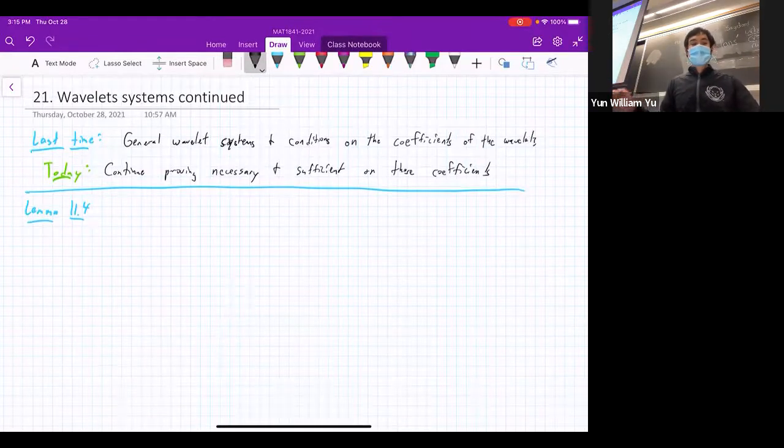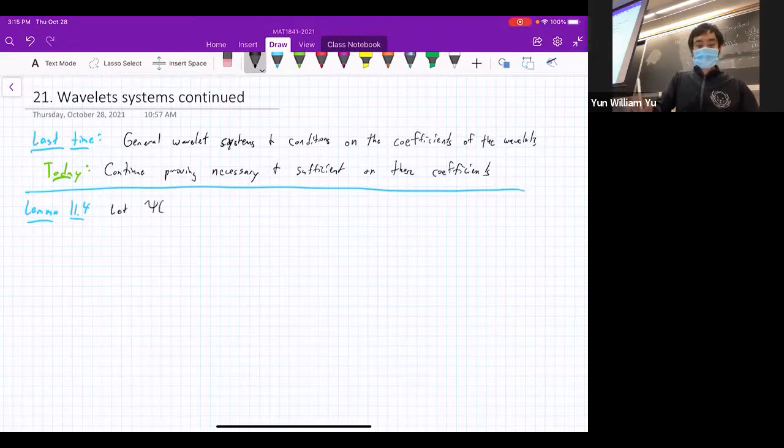Okay, so we showed that the scale function being orthogonal to the wavelet imposed certain conditions. Now let's show that the scale function being orthogonal to shifted copies of itself also imposes certain conditions. I'm not going to prove it, I'm just going to state it because the proof is exactly the same as in 11.2.